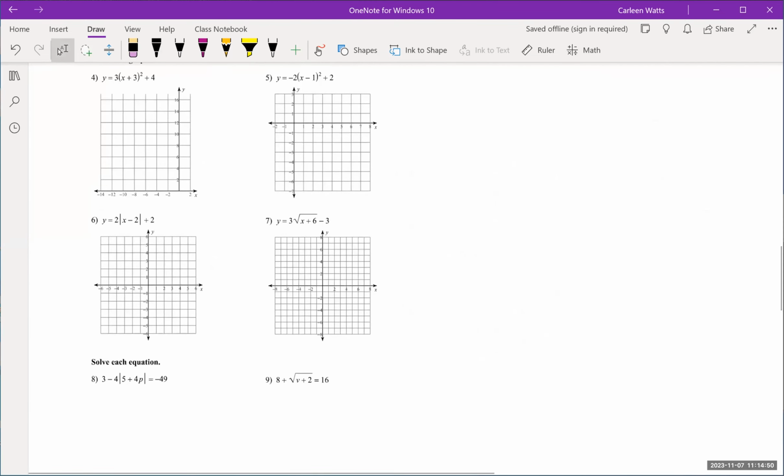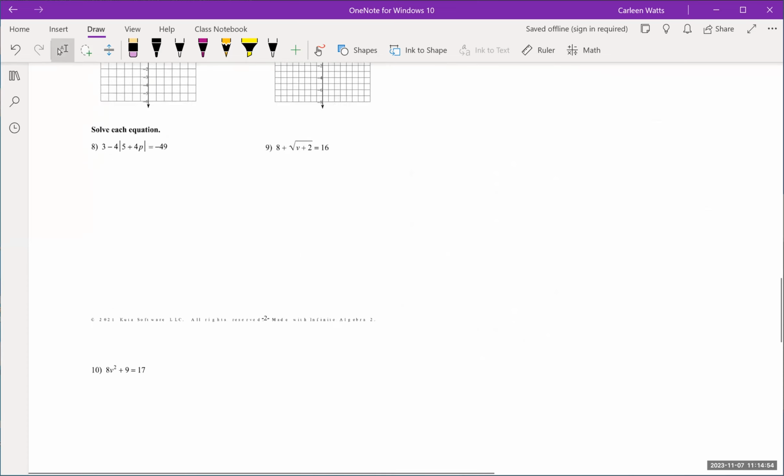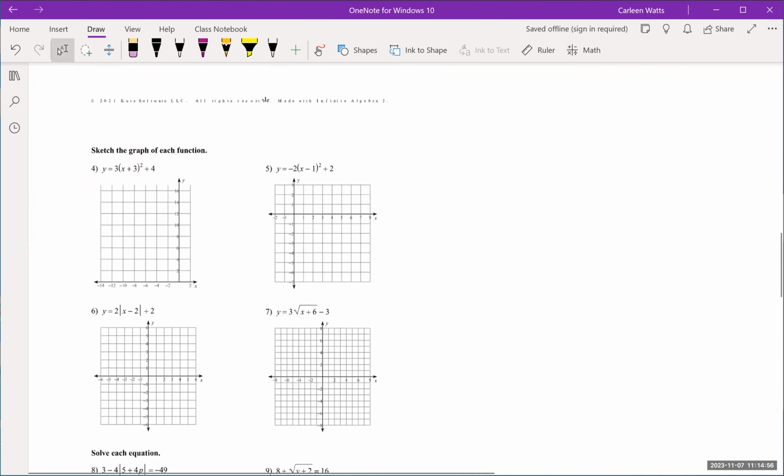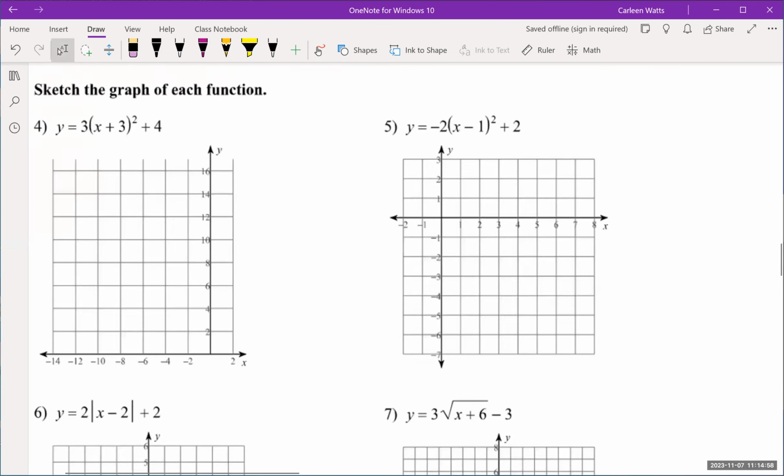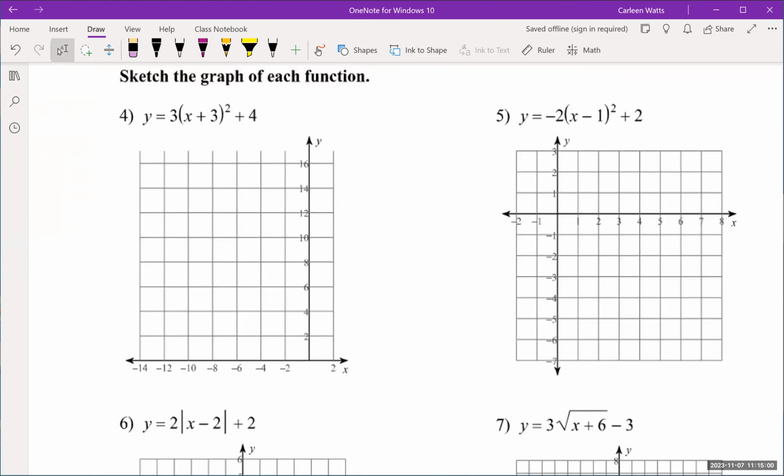Requests? Four. Okay. Parent. What is it going to look like?